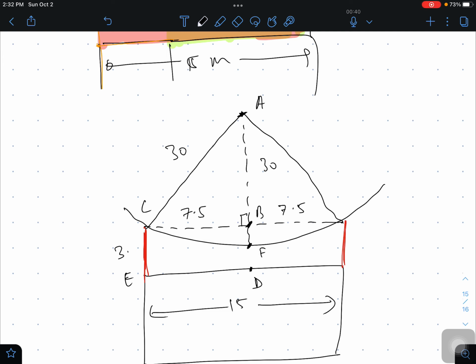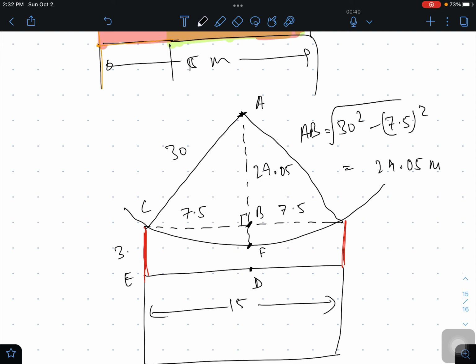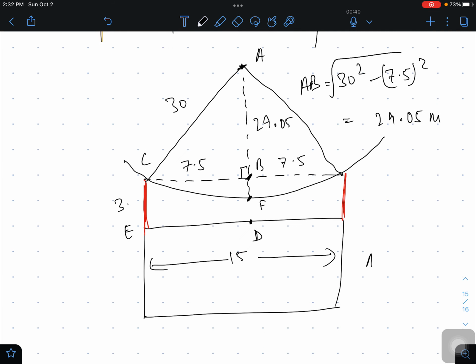So now AB will be, by Pythagoras theorem, square root of 30 square minus 7.5 square, which will give you a value of 29.05 meters. Earlier it was 29.58. Now AF is nothing but the radius.